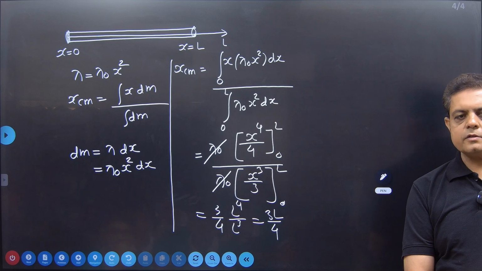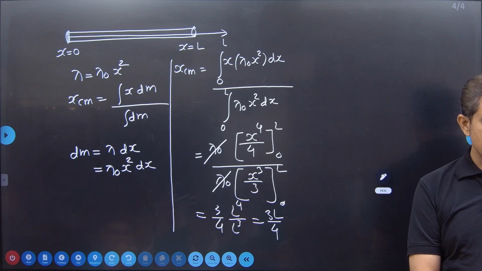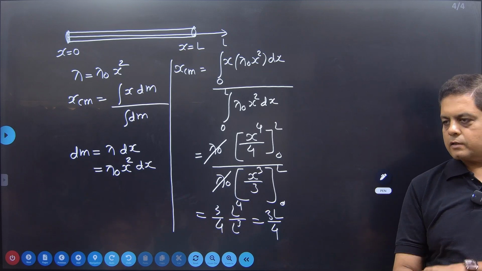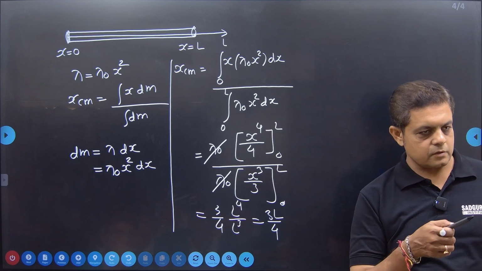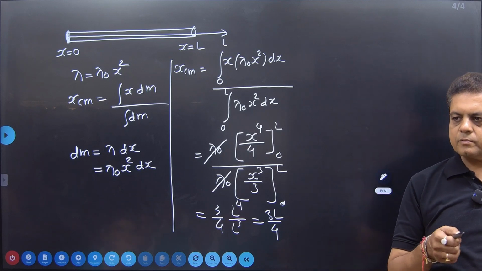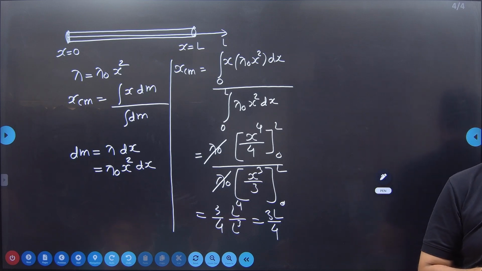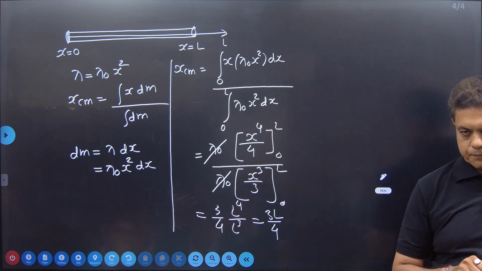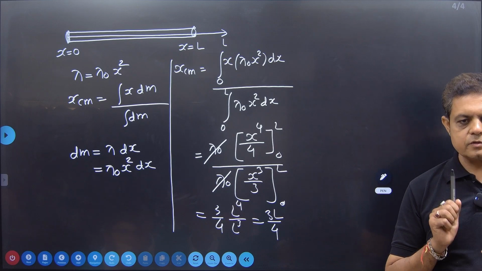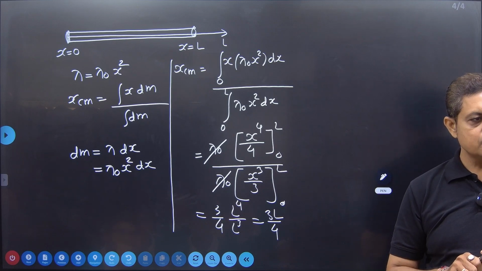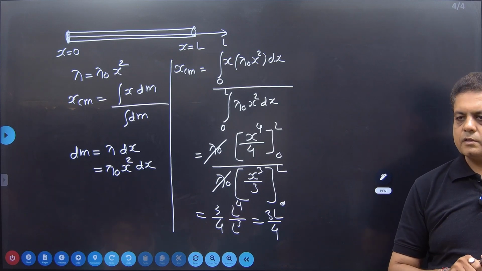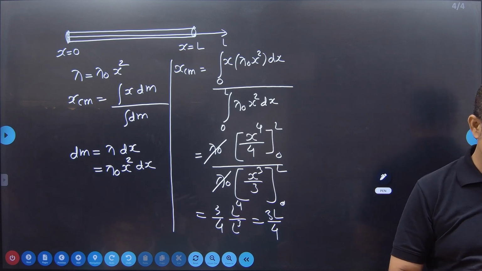In this case, the intersecting point of two diagonals, the geometrical center of the square, is the same point as the center of mass. If mass distribution is uniform, then geometrical center is center of mass.